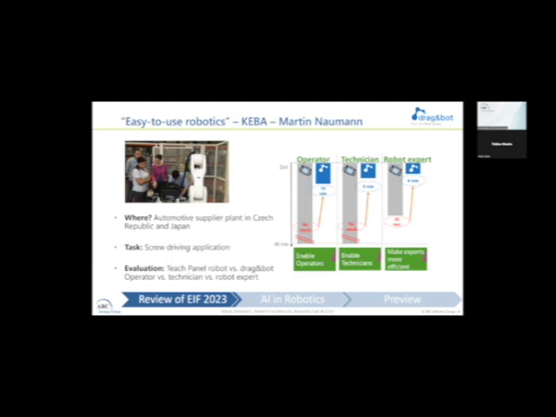So we really need technology so that more or less everybody is able to program a robot. And this is now true. And this is also what we've seen at Automatica, the biggest robotics fair, which takes place in Munich.